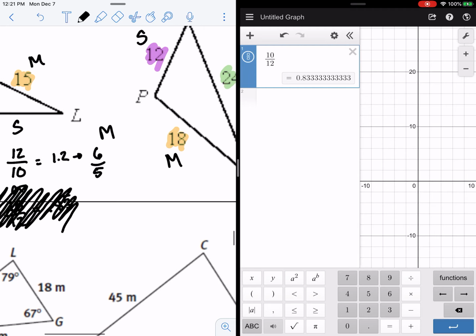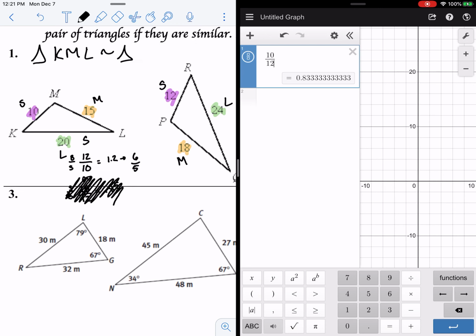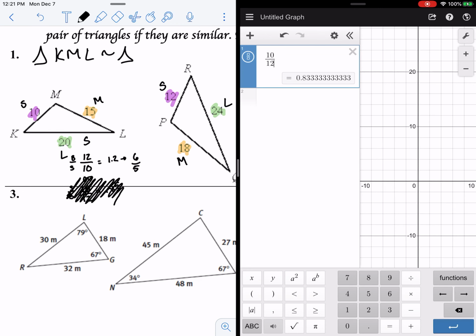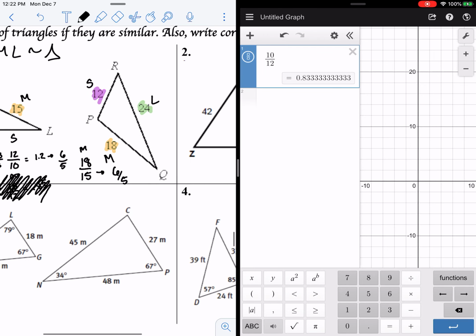Okay, so now my medium should also have 6 to 5. Well, if I go with the bigger of the two mediums, which was 18 to 15, divide top and bottom by 3, I get 6 to 5. 6 to 5 and 6 to 5 is the same. And then last but not least, my large.